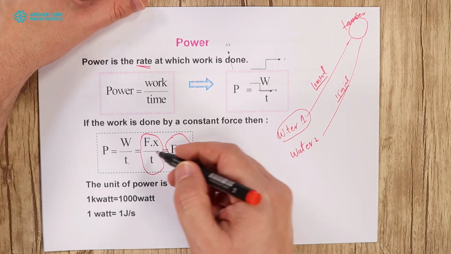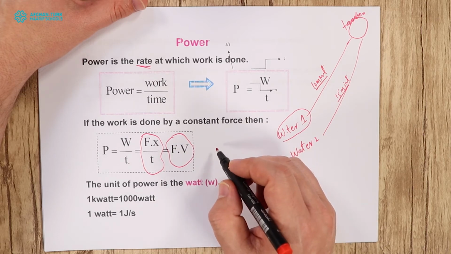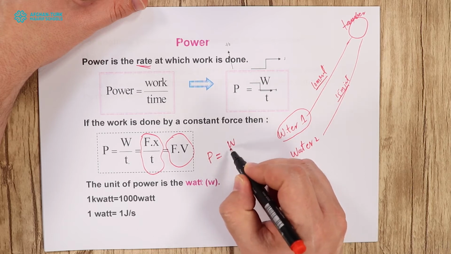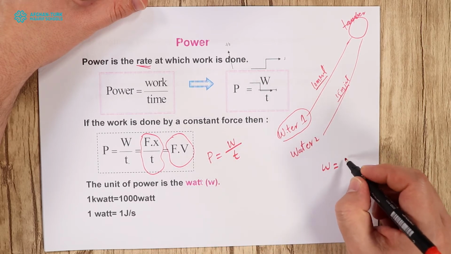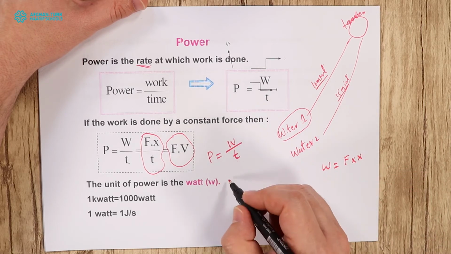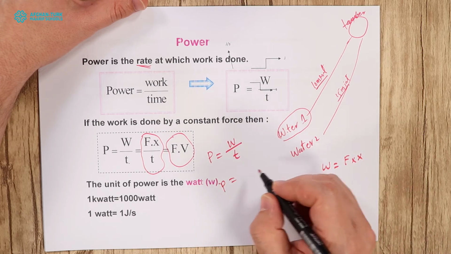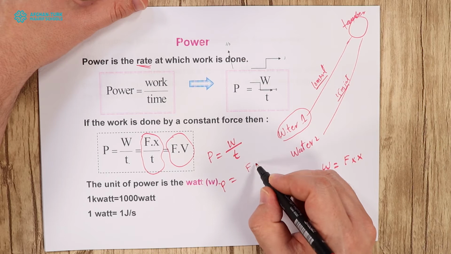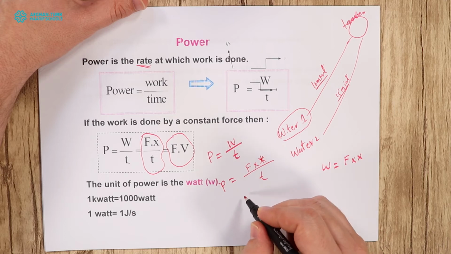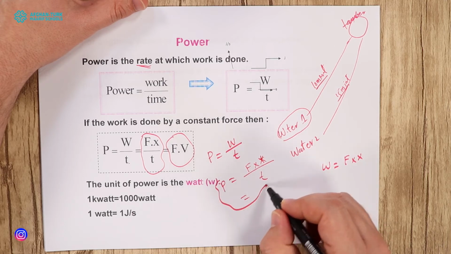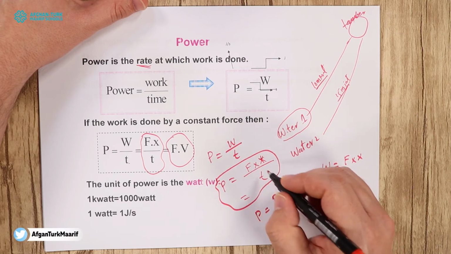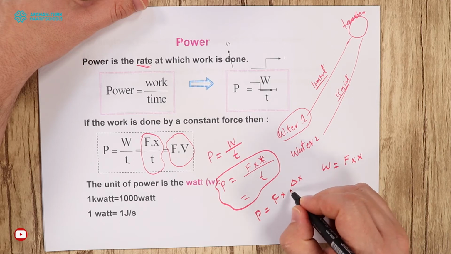Let's see where this formula comes from. We know that power is equal to W over T, and we also know that W is equal to F multiplied by displacement x. So instead of W we can put F times x, and this becomes F x divided by T. This is the second formula for power.